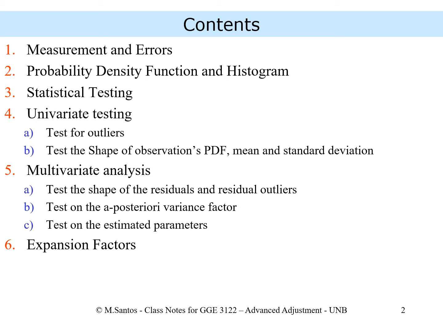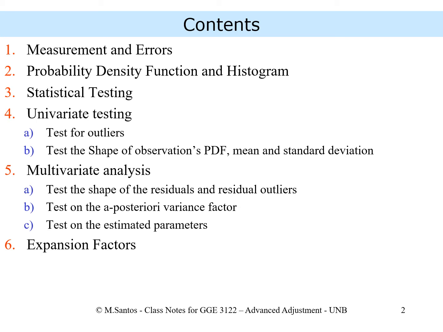After the adjustment, we have then parameters, residuals, and we have the a posteriori variance factor. We can test all of them. So we can test the shape of the residuals and residual outliers. These are 2 different tests.